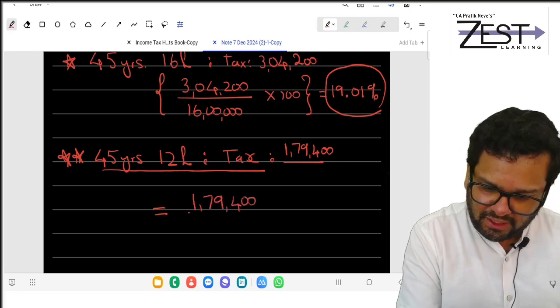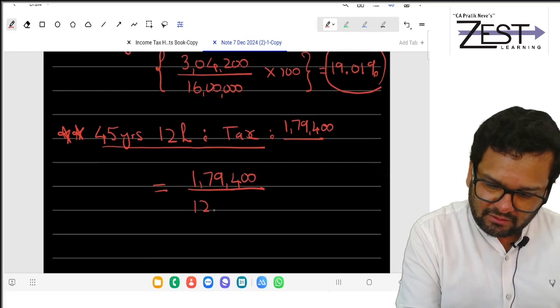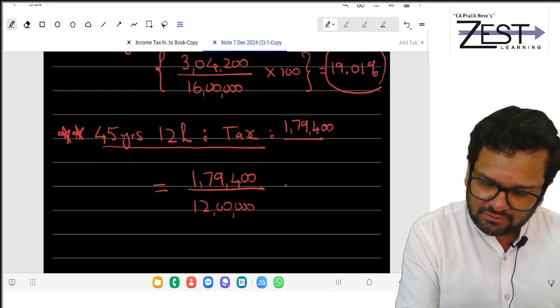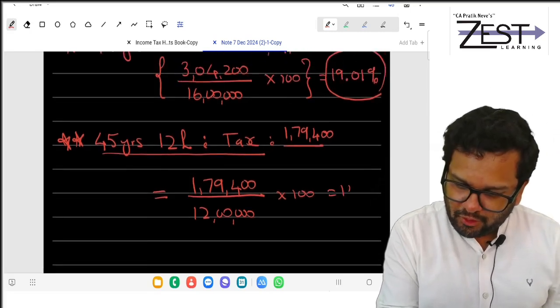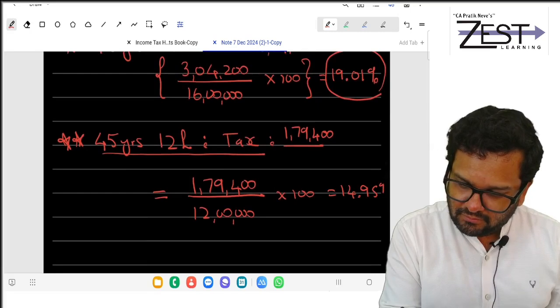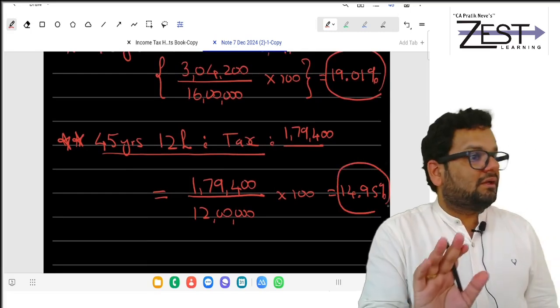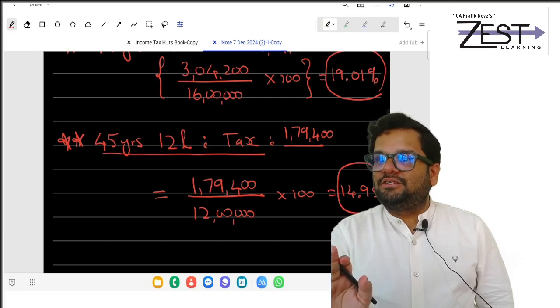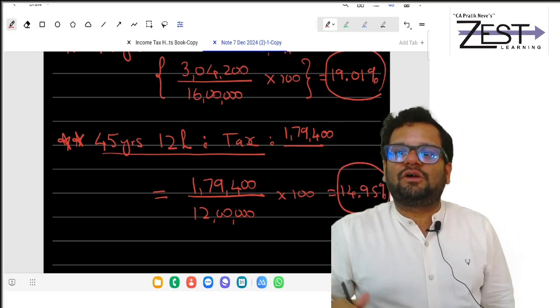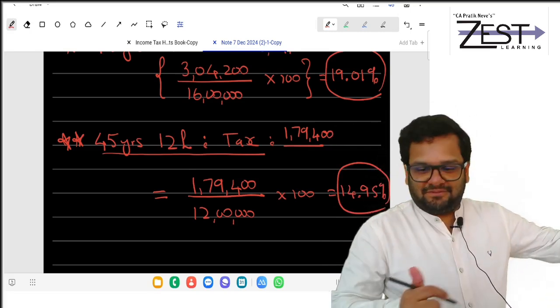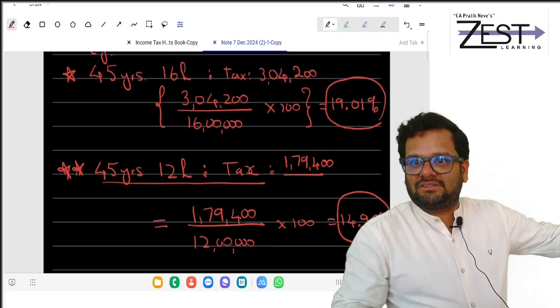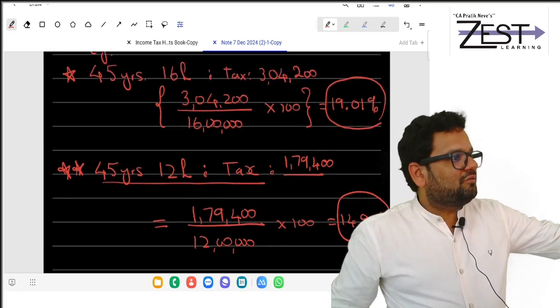179,400 is paid when income is 12 lakh. So what is it in percentage terms? 14.95. 0.05 is a big figure, don't round up. Understand? These two are neighbors, both 45 years.